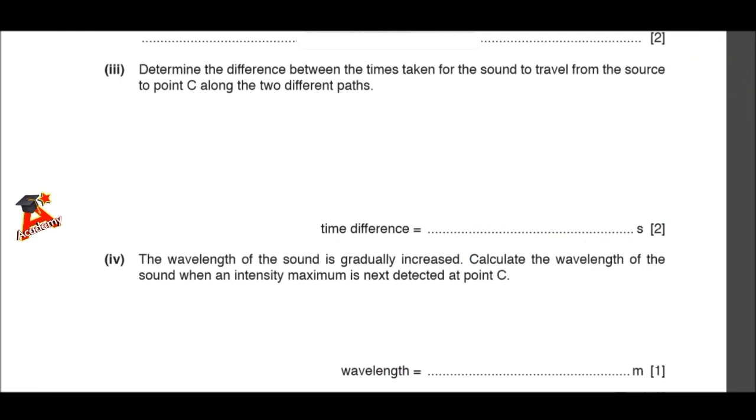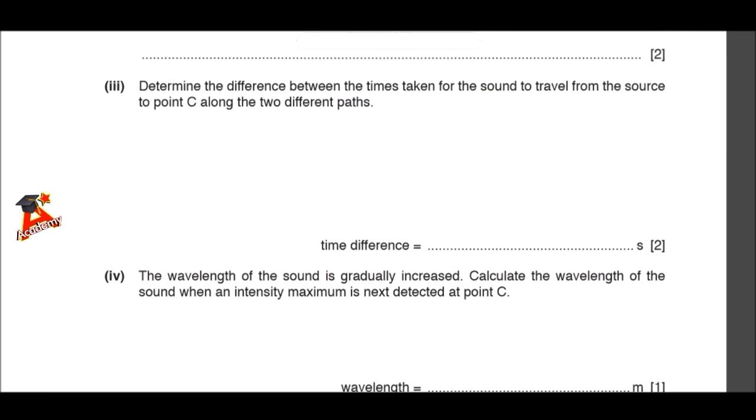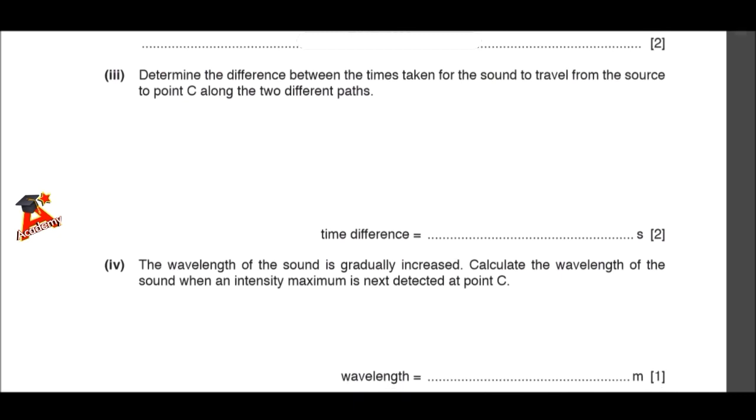To answer item 3, we need to find the velocity of the wave. If we find the velocity of the wave, we know that there is a path difference of 6.4 meters. Then we'll just divide that distance by the velocity of the wave. The velocity is given by v equals f lambda.